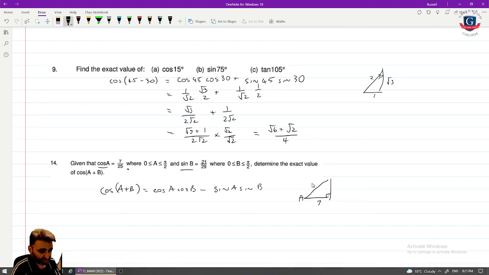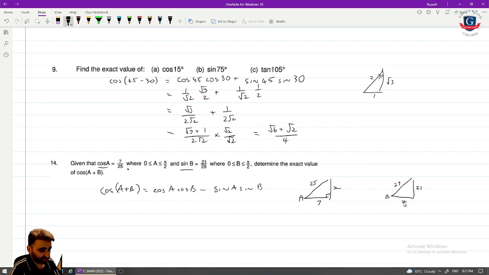Cos is adjacent over hypotenuse. We'd use Pythagoras to find x, and the same for B. Let's see, that would be opposite and hypotenuse, and find x. That'll give us the missing values.